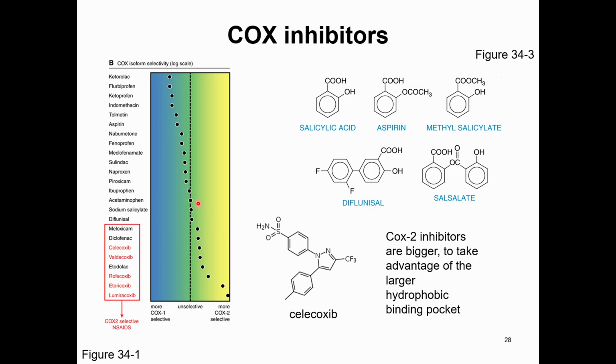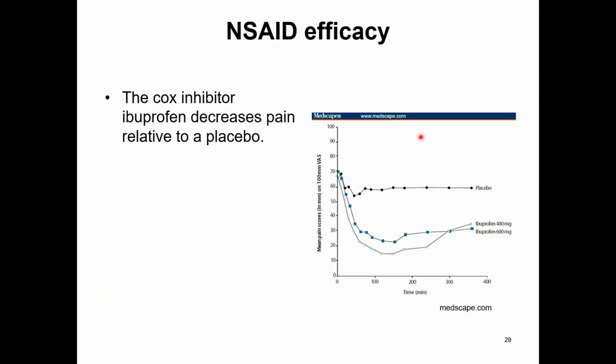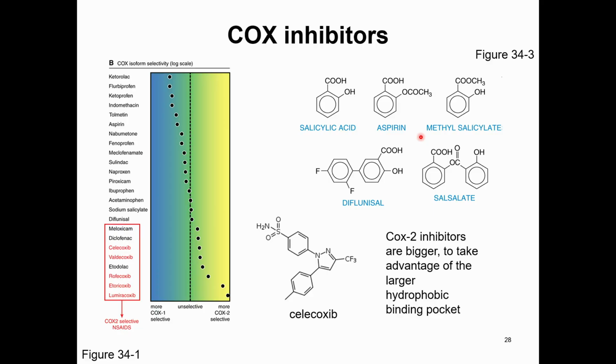And so COX-2 inhibitors tend to be bigger. They have a larger hydrophobic binding pocket, but they have different selectivities for these different drugs. Why is that important medically? Well, these ones over here would influence macrophage, and these ones over here would tend to do COX-1, and in the middle is both.